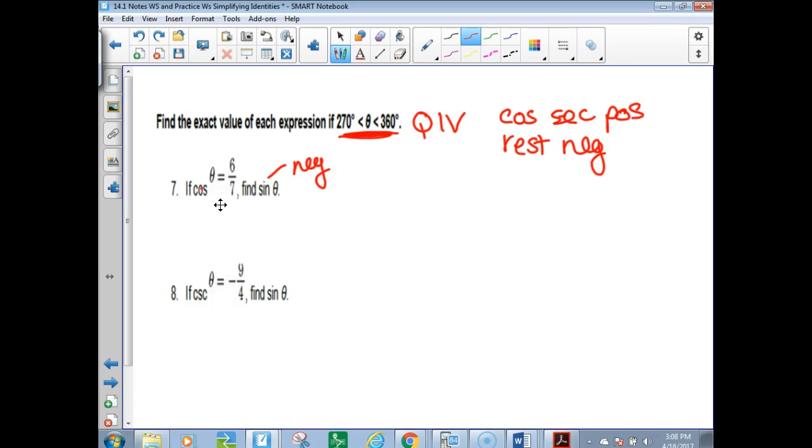Oh, and the cosine is 6/7. Find the sine. I'm going to use cosine squared plus sine squared. So 6/7 squared plus sine squared theta is 1. So sine squared theta is going to be 1 minus 36/49.